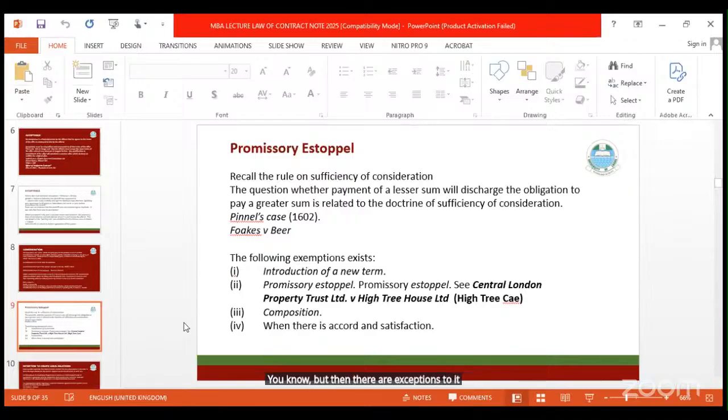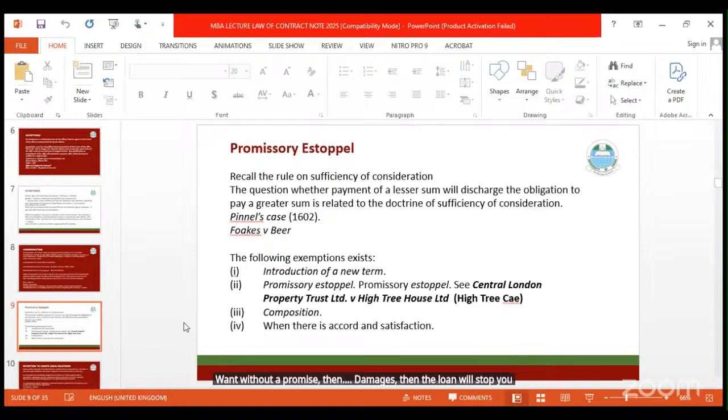You have promissory estoppel, accord and satisfaction, and composition, when parties readjust their debt. Promissory estoppel is where a party has made a promise and the other party has relied on it. If you want to withdraw that promise, the other party that relied on it will be harmed, will incur damages. Then the law will stop you.